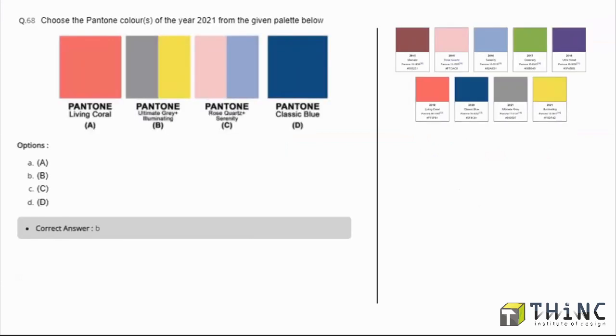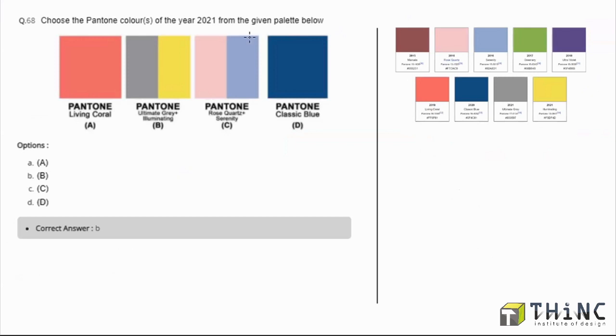Moving on to the next one, choose the Pantone color of the year 2021 from the given palette below. Now, Pantone is actually a company that is into standardization of colors. Every year they release a very specific set of colors which they call the Pantone color of the year.